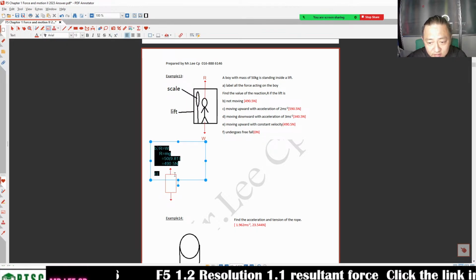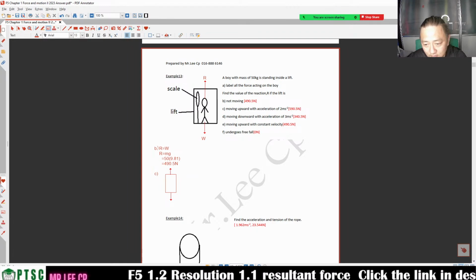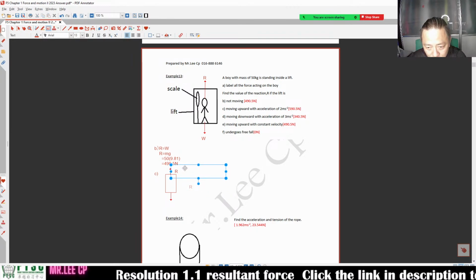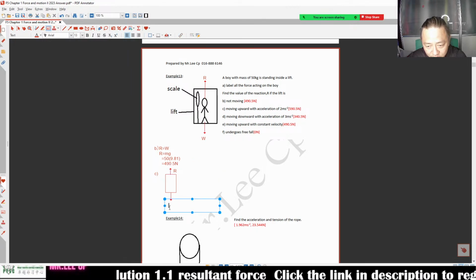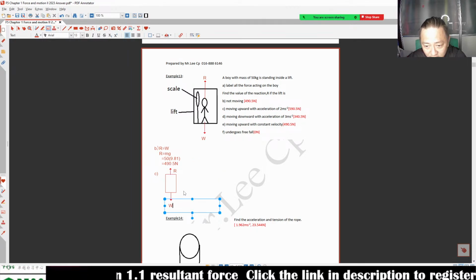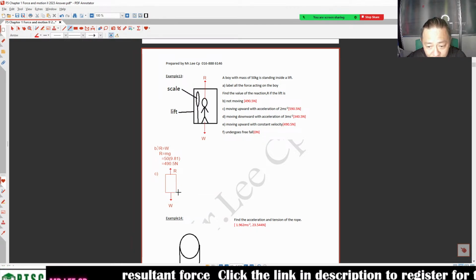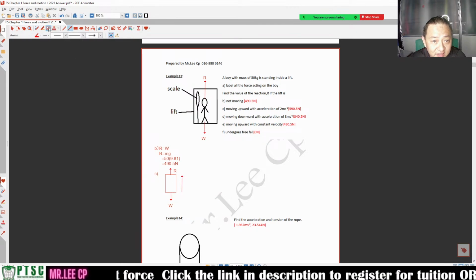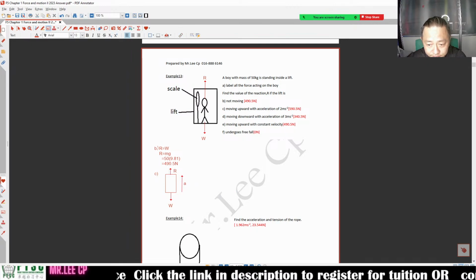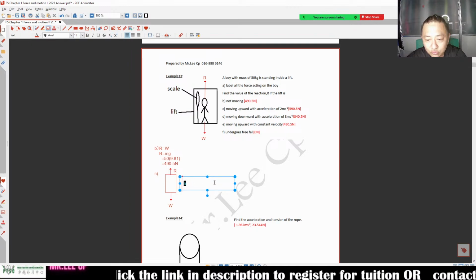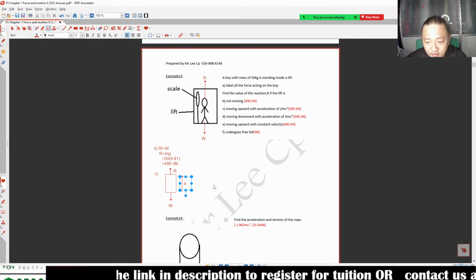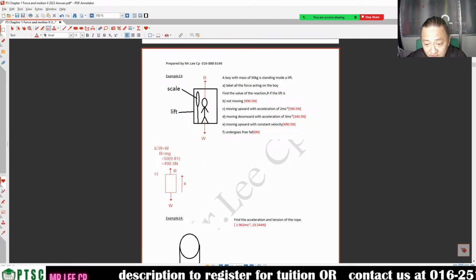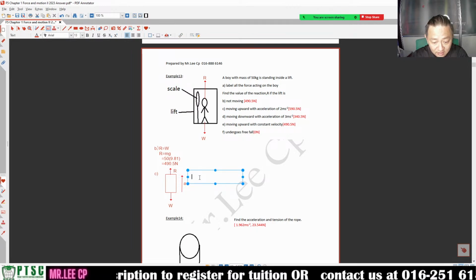This is R. This is W. And then I normally will label this one as A, acceleration. I'll do it this way. You see? Because of this, this thing is going upward. I will just say R.